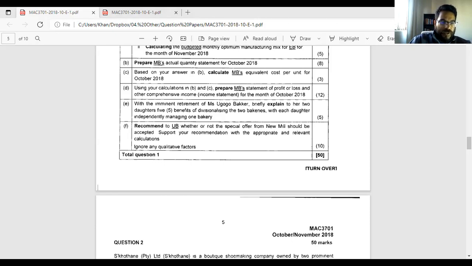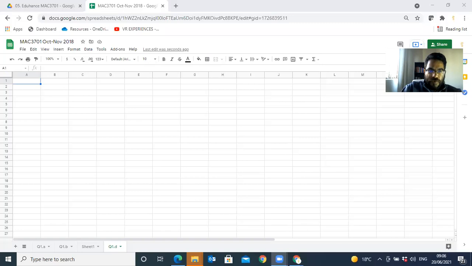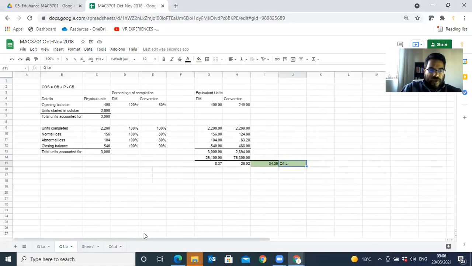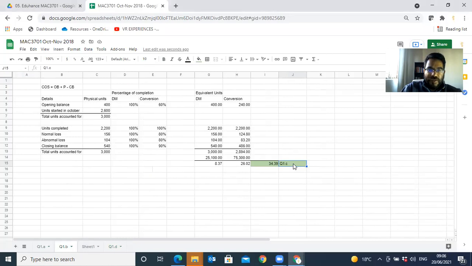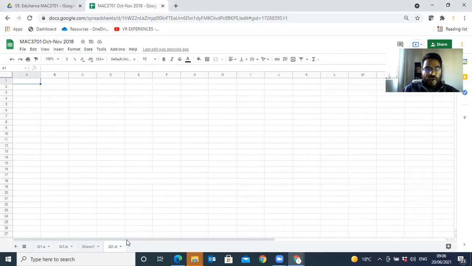Now we're going to deal with question Q1D. Excel is not visible, let's just check. Do you see it now? Okay, so we dealt with Q1A and Q1B. In Q1B there's also Q1C. And now we're going to do question D.